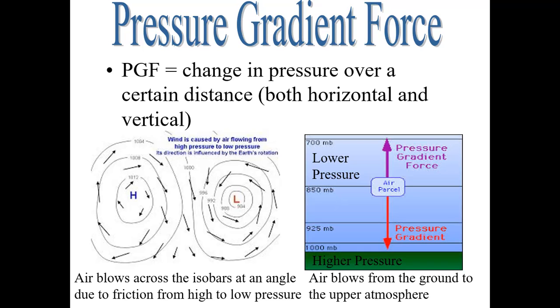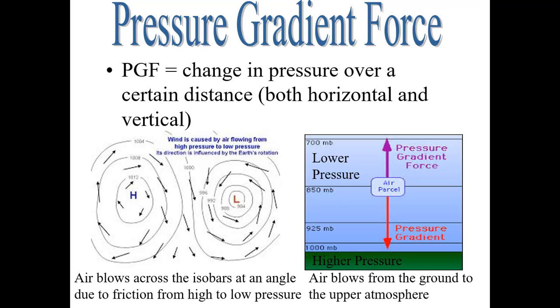When we talk about high and low pressure systems, we talk about the horizontal change in pressure, and we typically look at the surface pressure level. And we have high and low pressure systems. High pressure systems are usually indicated by a blue colored H, the low pressure systems by a red colored L.